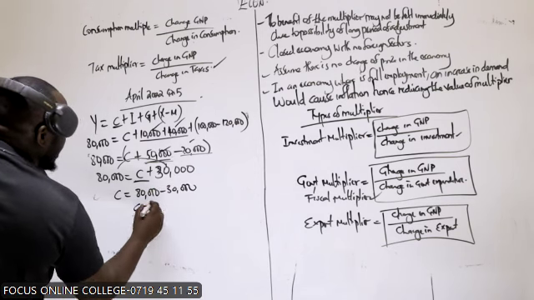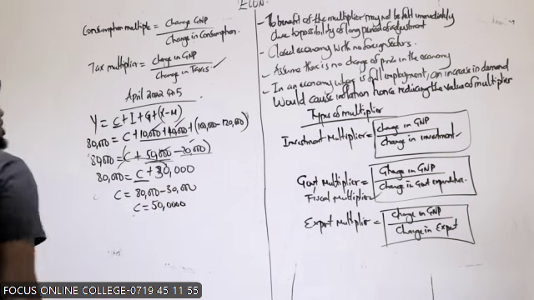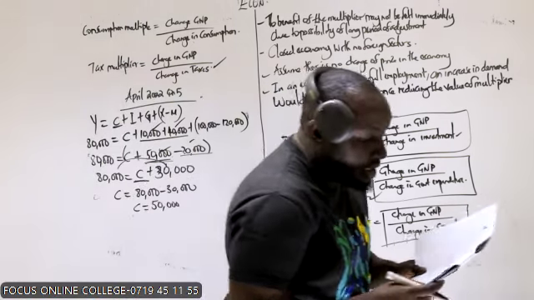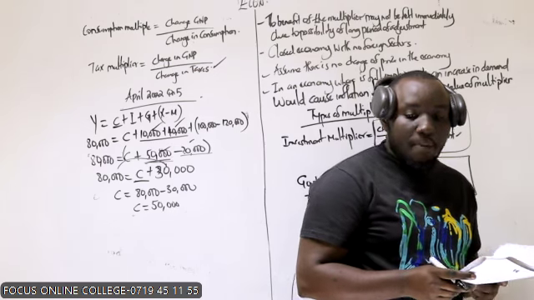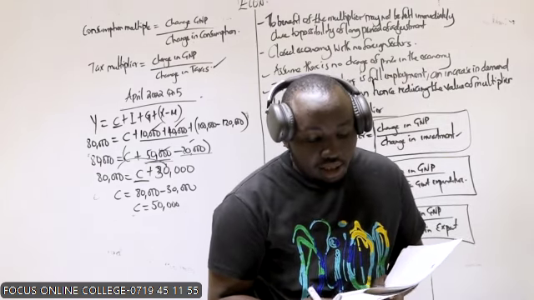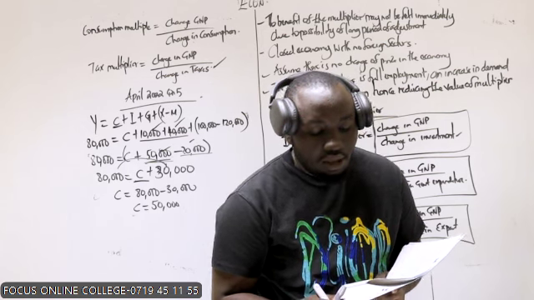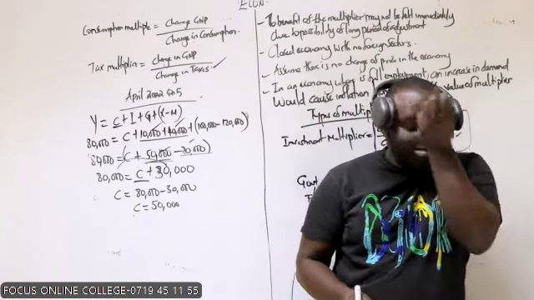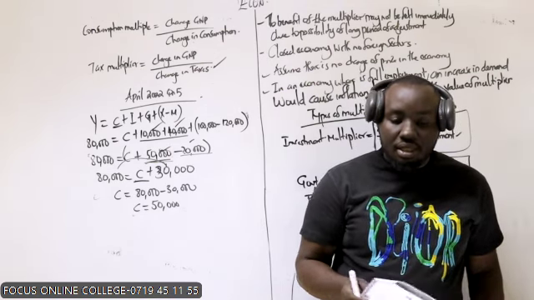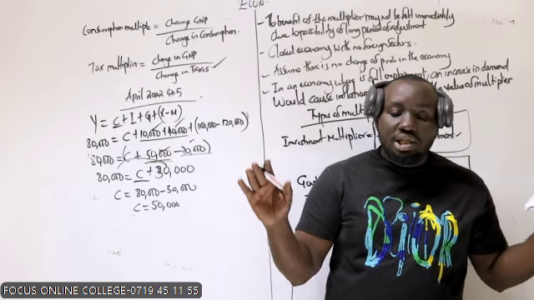So the missing consumption should be 50,000. C is 50,000, together. C is 50,000.